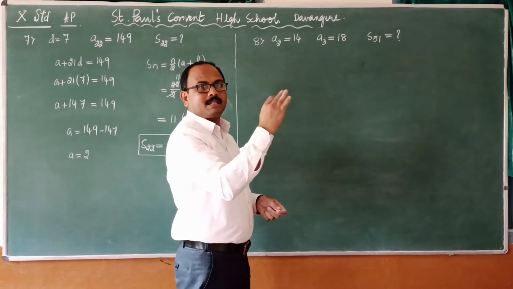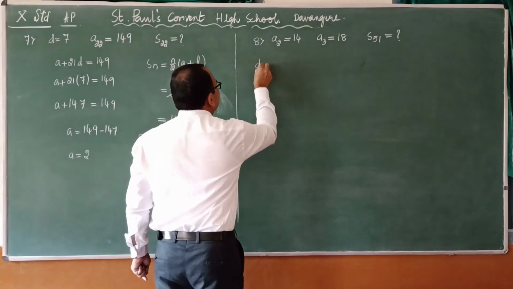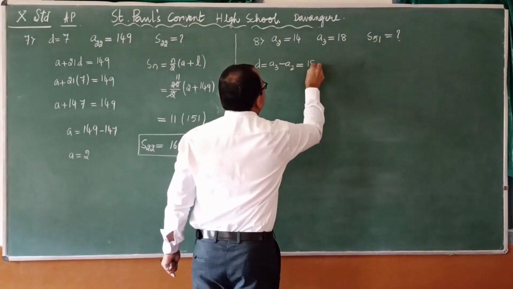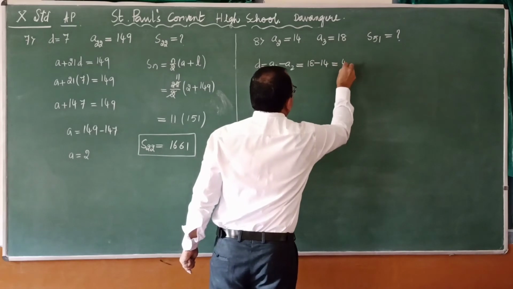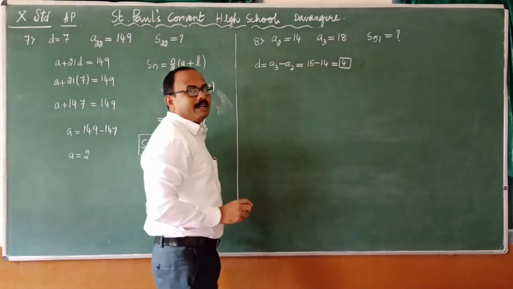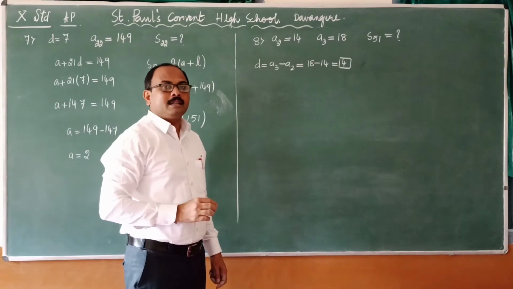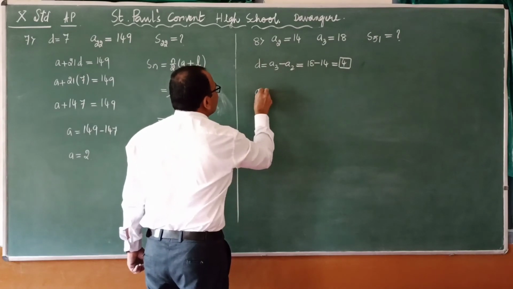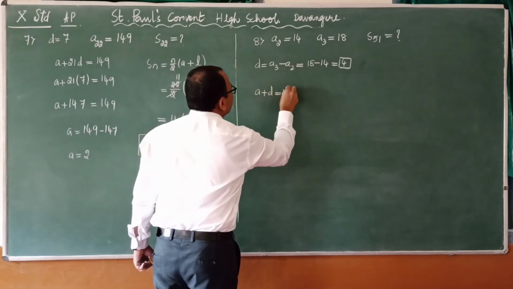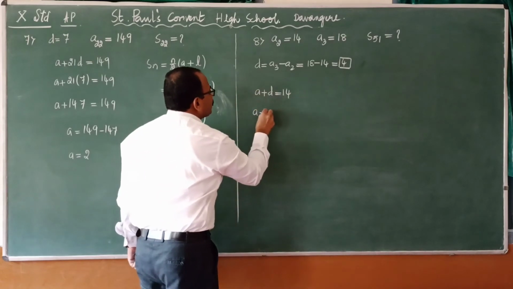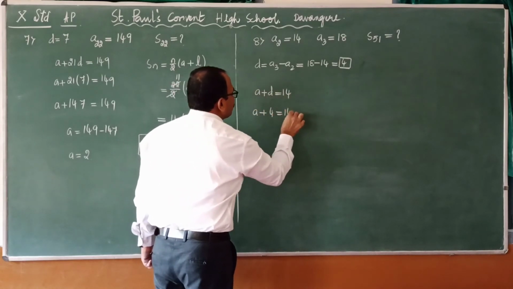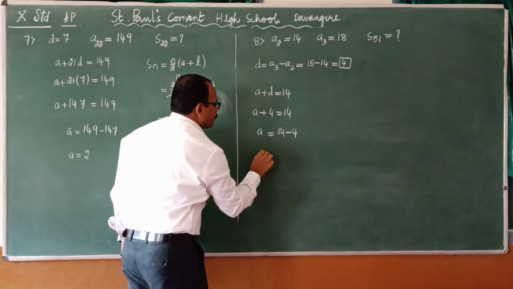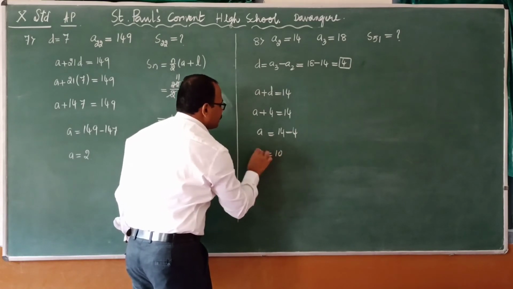See, consecutive terms are given, therefore d can be calculated as a3 minus a2, which equals 18 minus 14, which equals 4. d we have calculated, but we do not know a. a can be calculated using any one of the equations. Let me take this equation. We know that a2 means a plus d is equal to 14. a we do not know, d is 4, so a plus 4 is equal to 14. a will be equal to 14 minus 4 on transposition. a will be equal to 10, children.